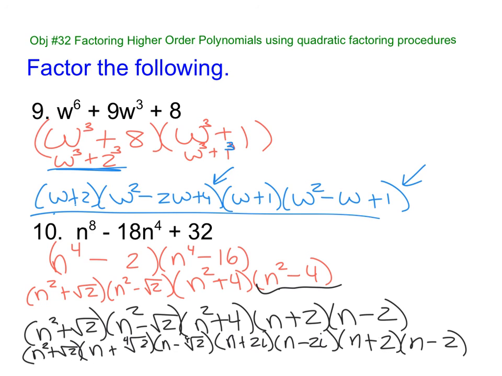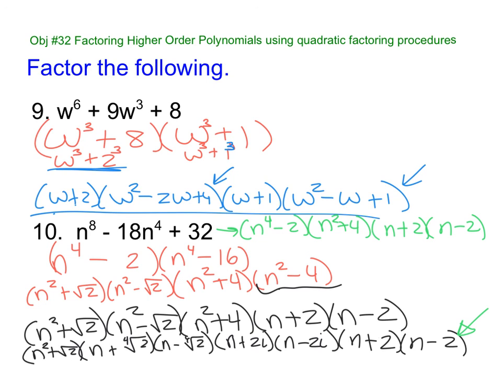Here's the version, I'll write down in green, the version that you need. The version that you would need would be n to the 4th minus 2, n squared plus 4, n plus 2, n minus 2. That's the minimum amount of factoring. This is like fun. I know, you guys are rolling your eyes at me.